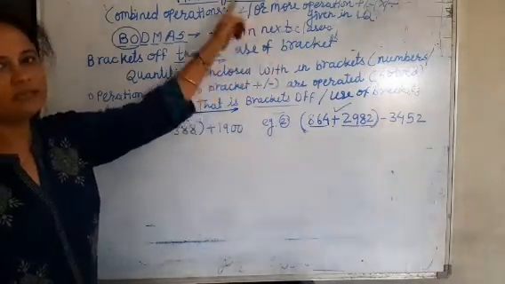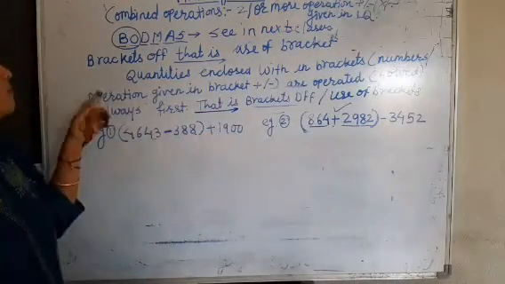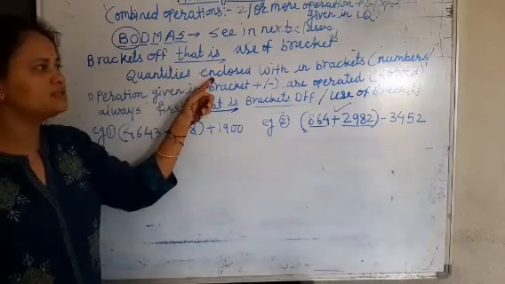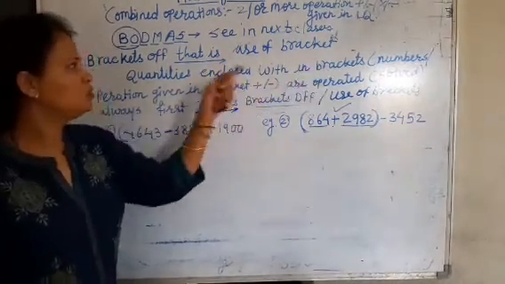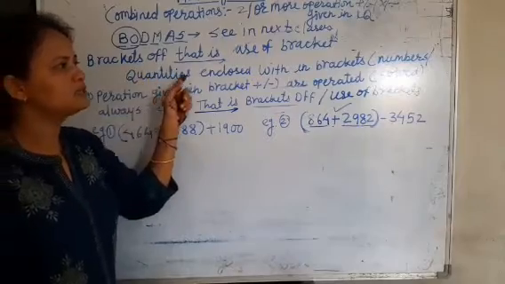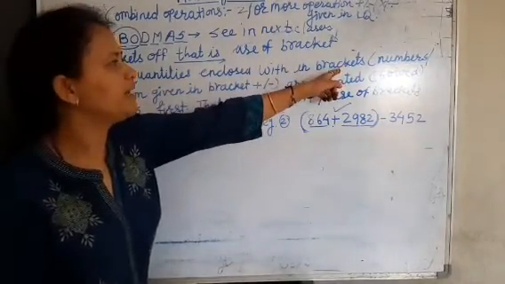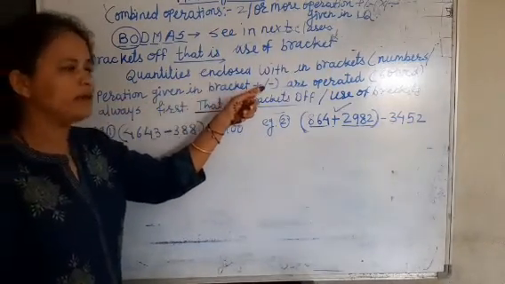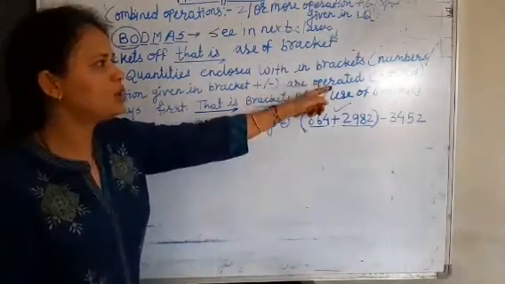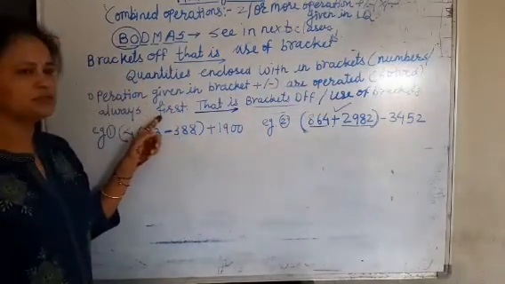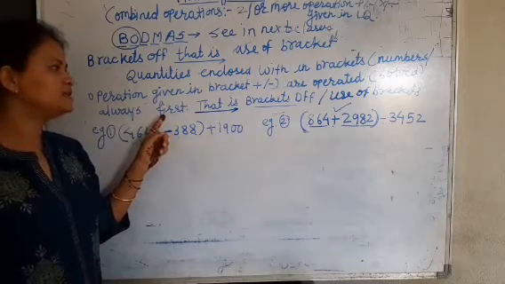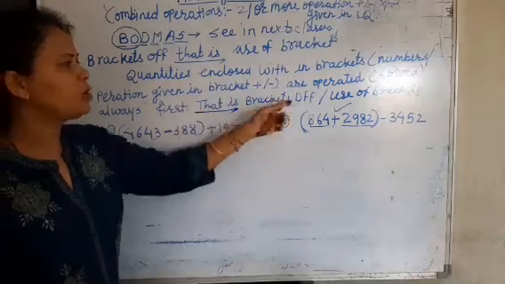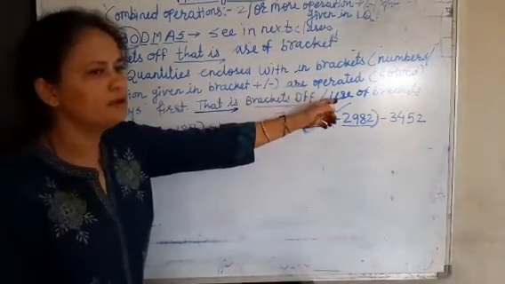Let us see the use of bracket: quantities enclosed within the bracket, that is numbers or operations, plus or minus, given in the bracket are always solved first. Then we solve the next operation. That is called bracket off, or use of bracket.